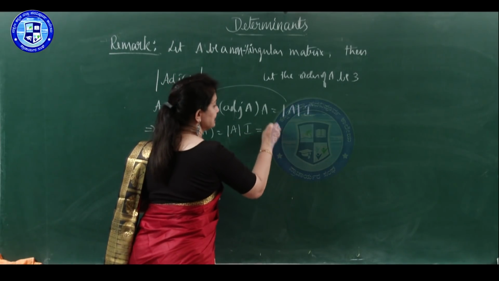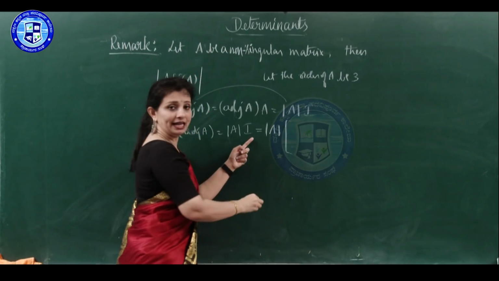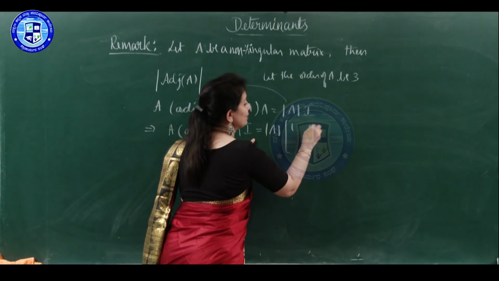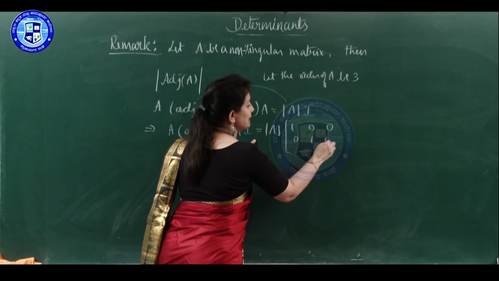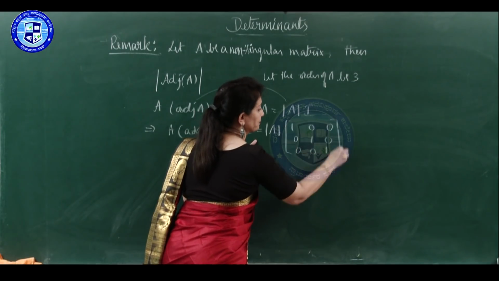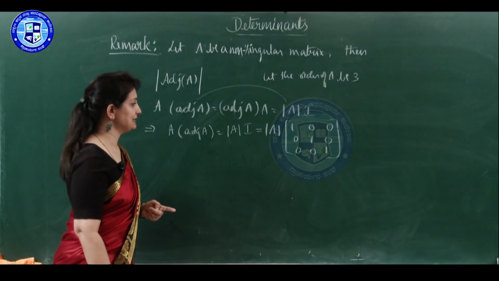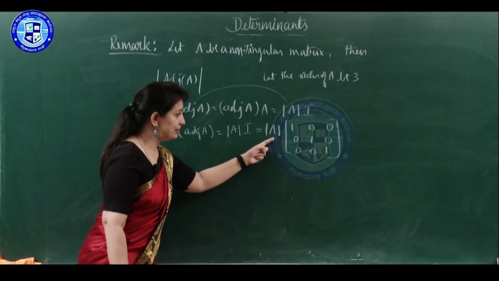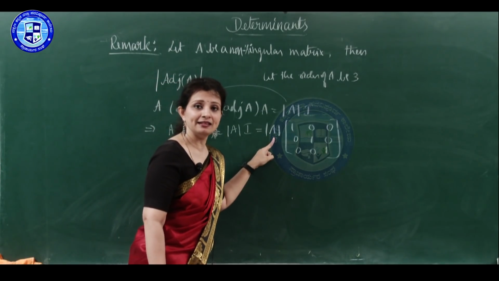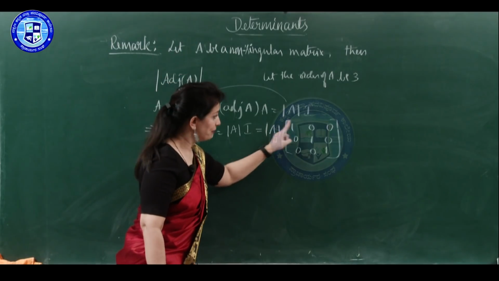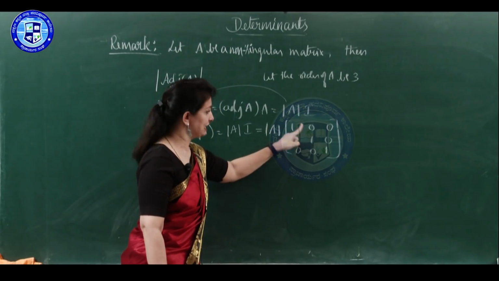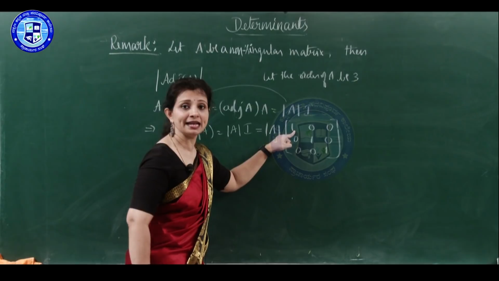So, we write this as A into adjoint A equals determinant A into the identity matrix: 1 0 0, 0 1 0, 0 0 1. Now, you know determinant A is a number. When you multiply a number to a matrix, each element should be multiplied by that number.